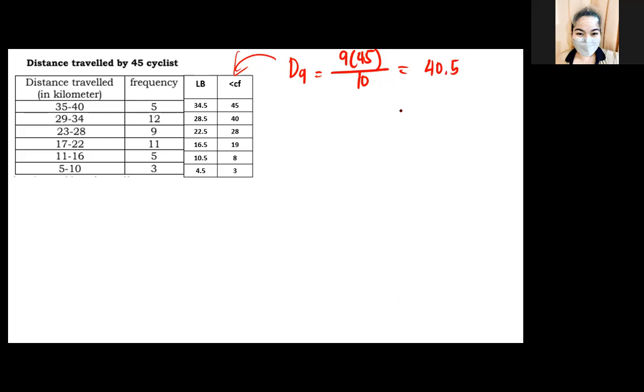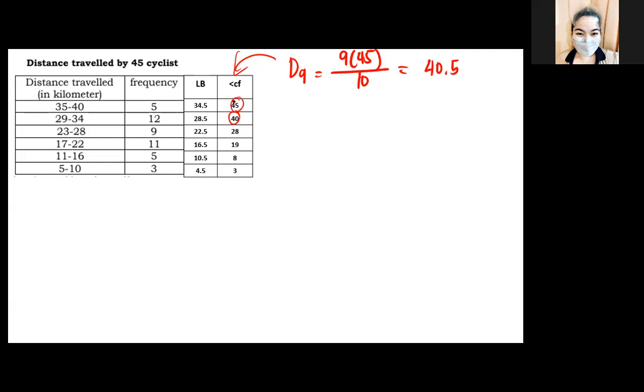So ngayon, saan po ito? 29 to 34 po. Bakit 29 to 34? 35 to 40, ma'am. 35 to 40. Okay? Basta kulang, hindi siya included doon. Doon siya sa kasunod.